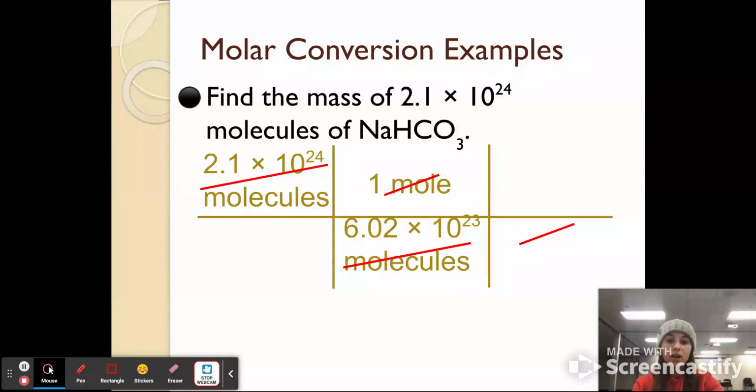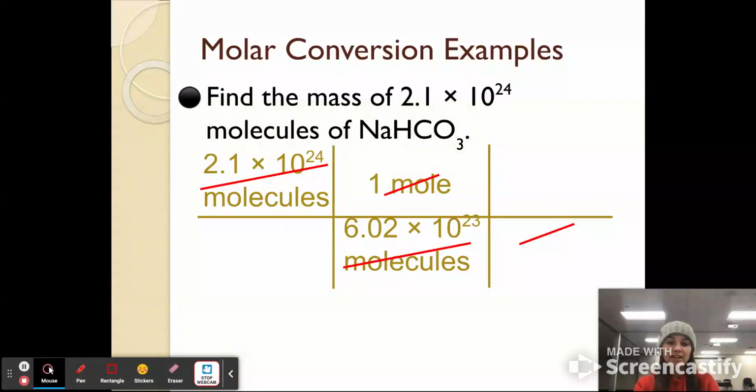All right, now that I'm at moles, I didn't want molecules to moles, right? I wanted molecules to mass. So since my unknown is mass, now I'm going from moles to mass. So how can I do that? Let me phrase it like this.